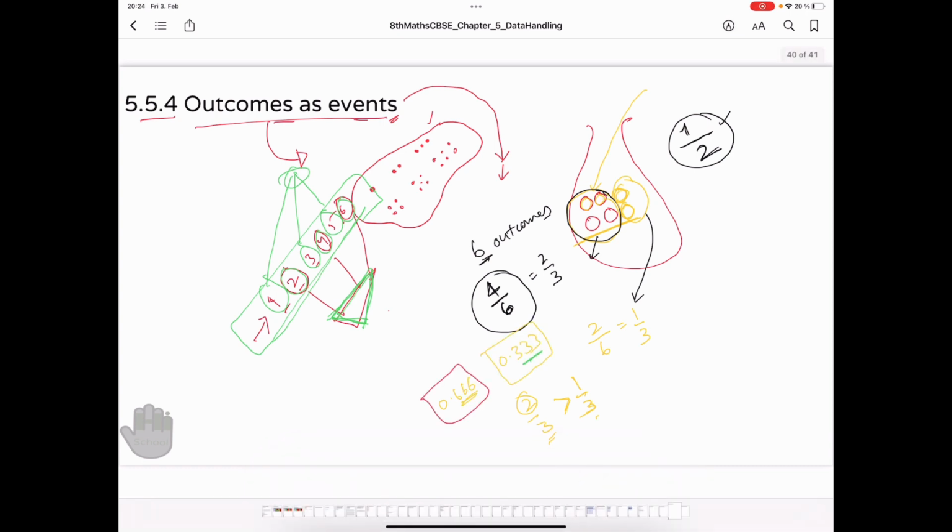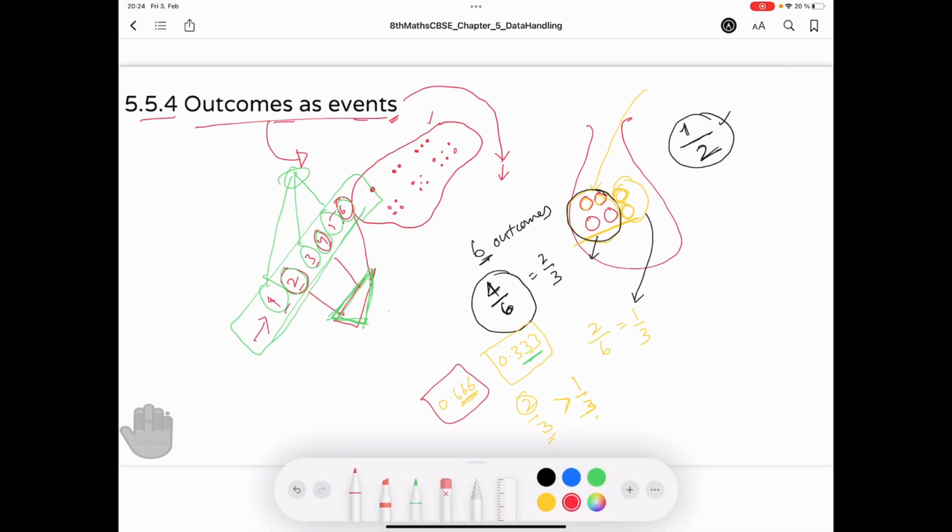So basically we can put this into a formula. This 4 is the number of outcomes that make an event. There are 4 outcomes which make the event of a red ball coming out. So the formula is: probability of an event, and what's an event?